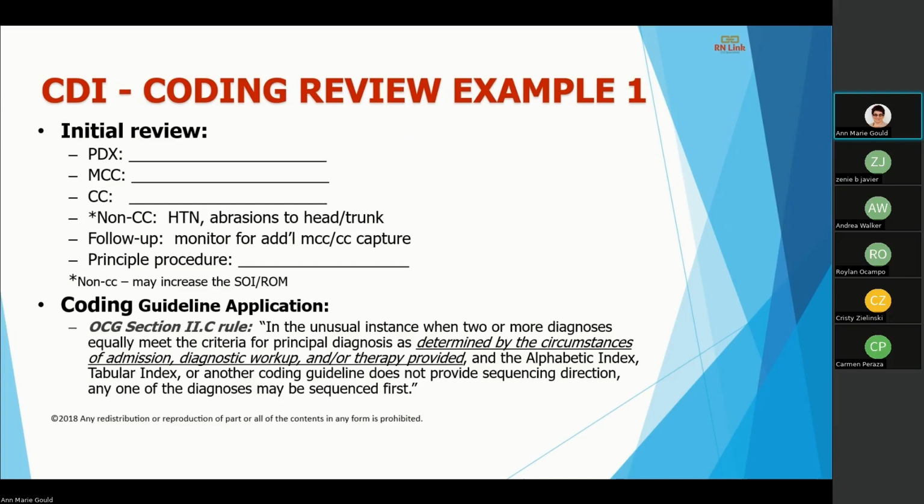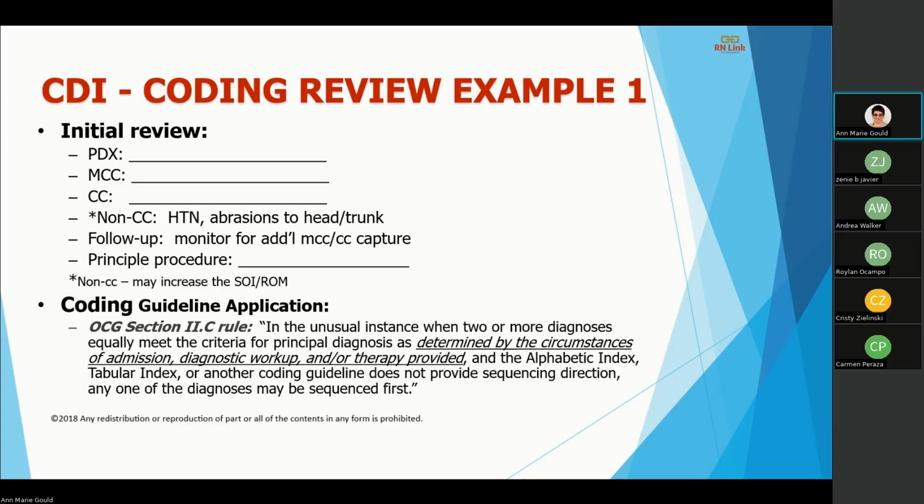Now this is what the coders have to go by. There are some chapter specific coding rules that the coders, when they're doing the final coding for those patients once they're discharged out of the hospital, may have to flip that principal diagnosis based on chapter specific coding guidelines or coding rules.